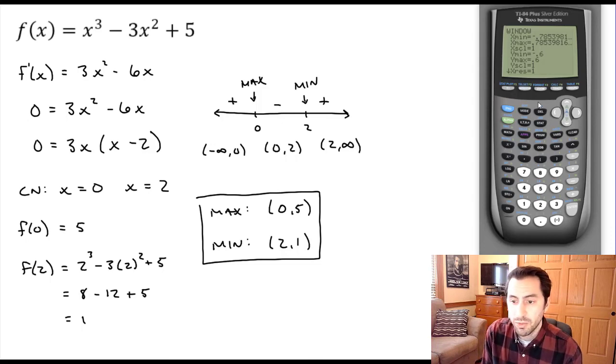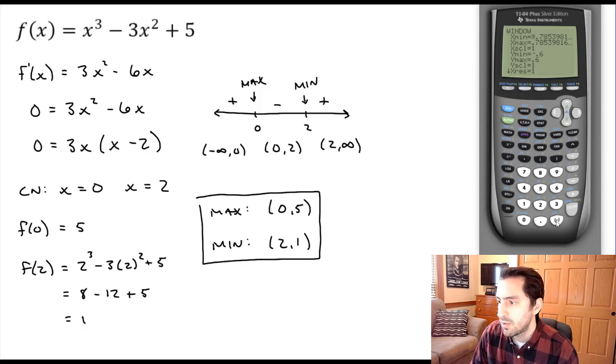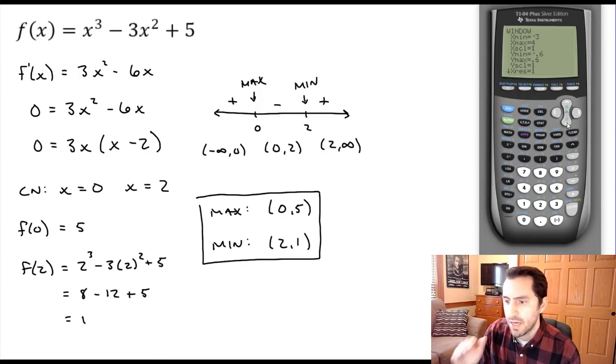So our two critical numbers are at 0 and 2, so I need to make sure to include those. I'm going to just go a little bit to the left of 0 and a little bit to the right of 2, just giving myself enough room on either side. And then we did also find our maximum and our minimum. So my minimum was at (2, 1), and the max was at (0, 5).